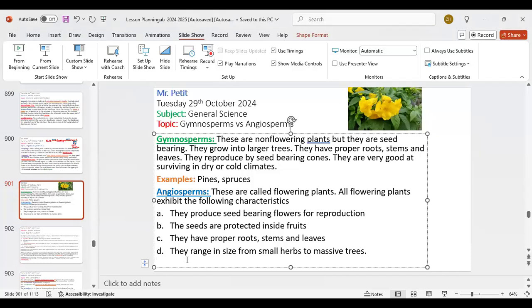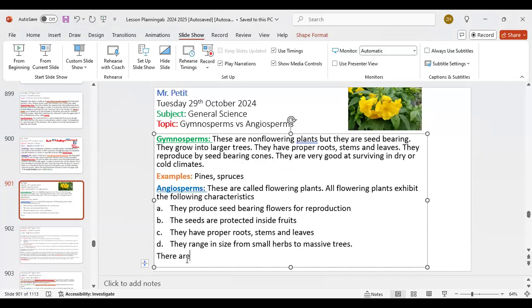So we could say that there are two types, or two groups, of angiosperms. They are monocotyledons and dicotyledons.